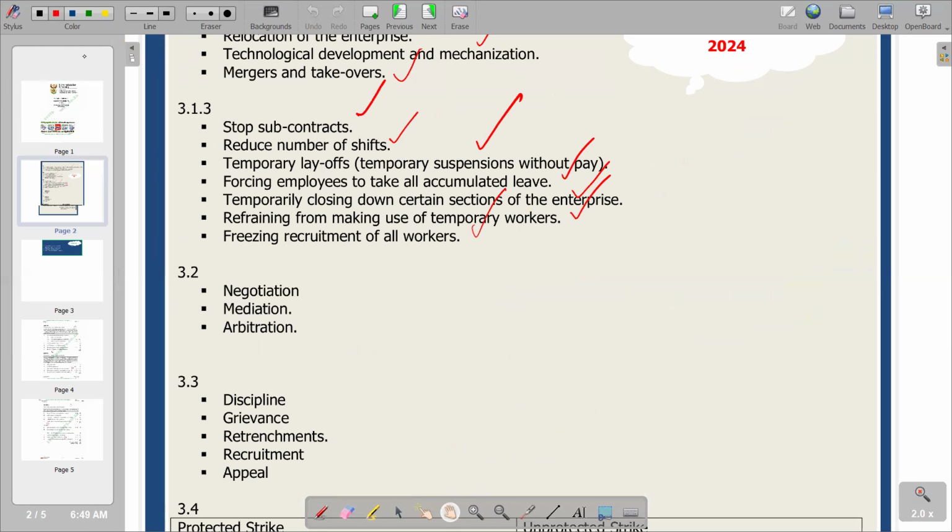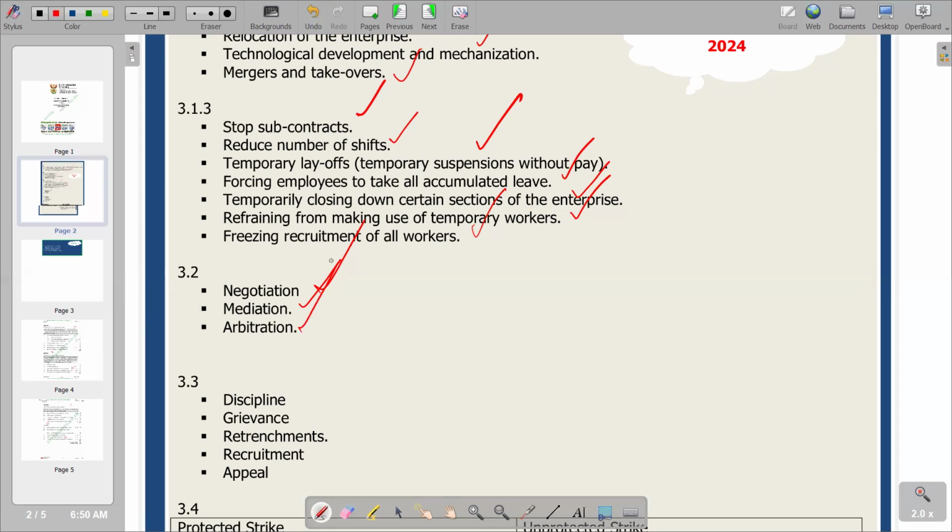Negotiation is generally a dialogue between two or more parties to resolve points of difference. Then mediation is a negotiation facilitated by a third party. The third party has to be neutral, an independent third party. So that's mediation. Then we've got arbitration.